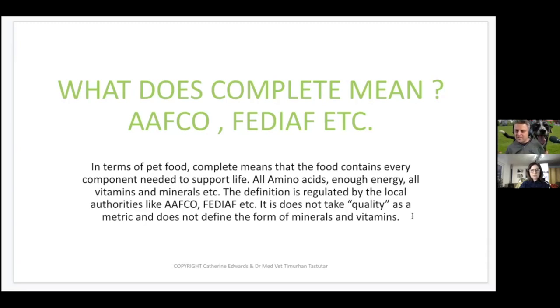But this is the regulation, and all pet food companies have to follow it, right? So Americans have the AAFCO, Europeans have the FEDIAF, and the UK is a jungle now. We will see what happens there, because till now they follow the FEDIAF. But you also have what's called DEFRA or something. You have your own food safety regulating body, which is a very strong one, but it only regulates the bacterial quality of the food.